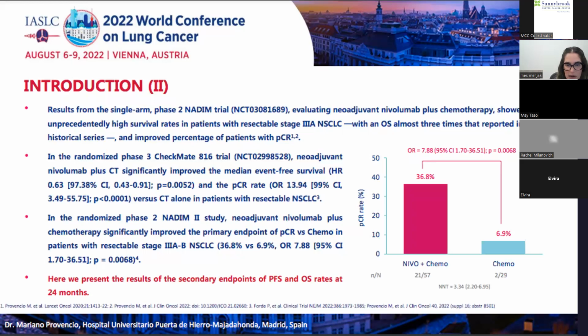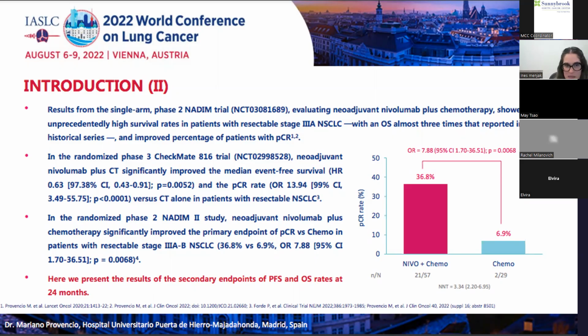The historical reports showed a benefit in overall survival and disease-free survival, and a high percentage of patients with pathological complete response, around 60%.